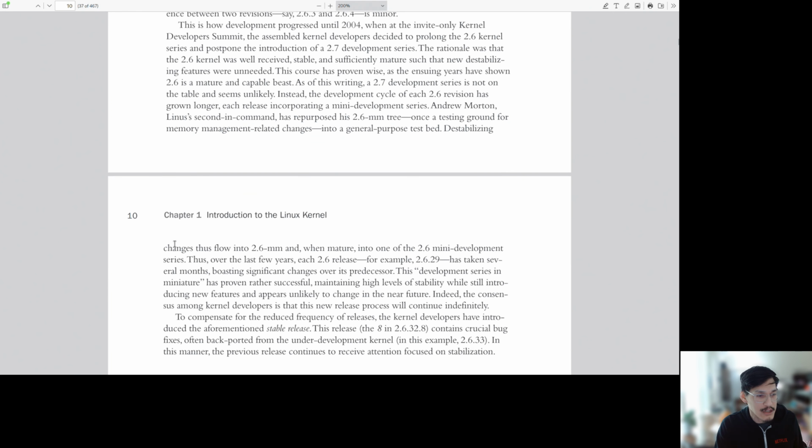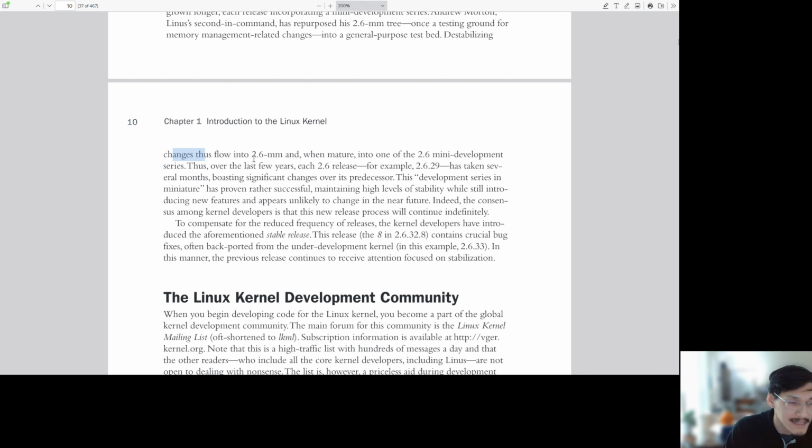Destabilizing changes thus flow into the 2.6-mm, so the memory management branch, and when mature, into one of the 2.6 mini development series. Thus, over the last few years, each 2.6 release, for example 2.6.29, has taken several months, boasting significant changes over its predecessor.